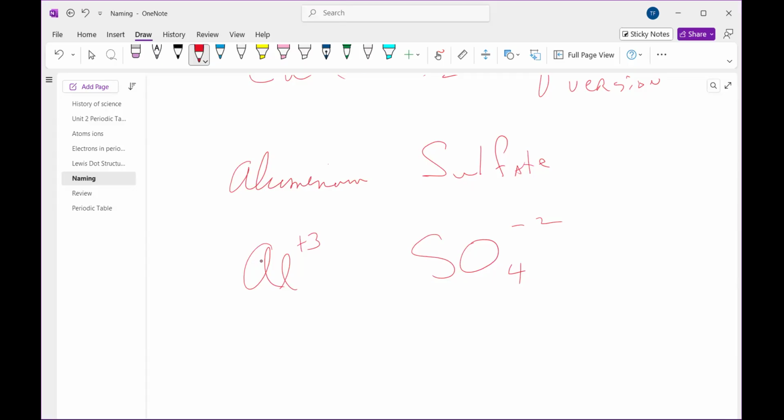So how many aluminums do we need? How many sulfates? Because 3 times 2 is -6. 2 times +3 is +6. Net charge of 0.